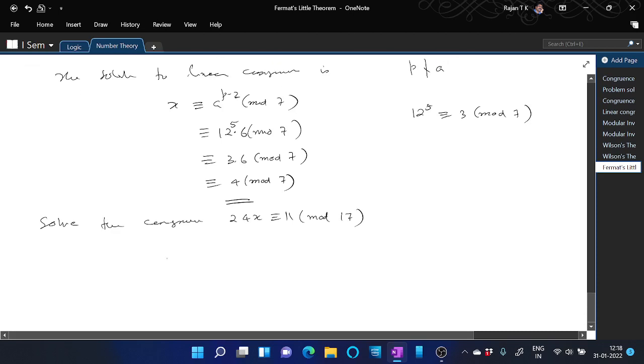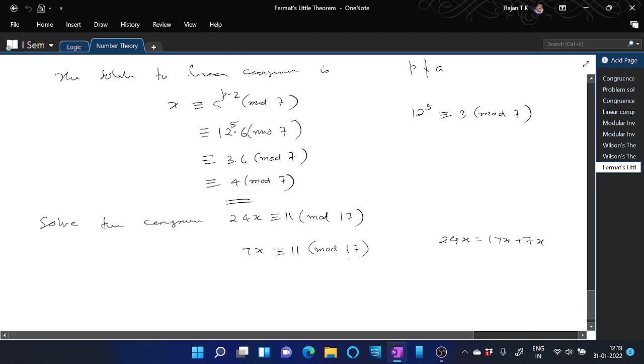The given congruence is written as 7x congruent to 11 mod 17, since 24x is 17x plus 7x. So 24x congruent to 11 mod 17 can be written as 7x congruent to 11 mod 17.